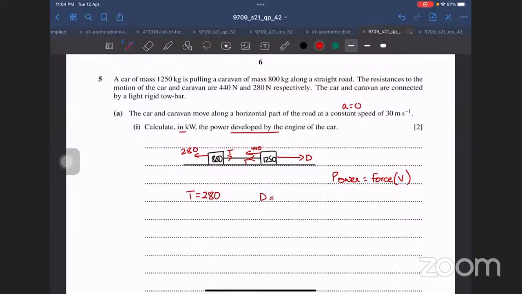Then the driving force should equal 440 plus 280. Because there's constant speed, the left forces must be equal to the right forces. So I get 720. So the power is therefore 720 into 30, 21600 watts. So I'm going to say 21.6 kilowatts.